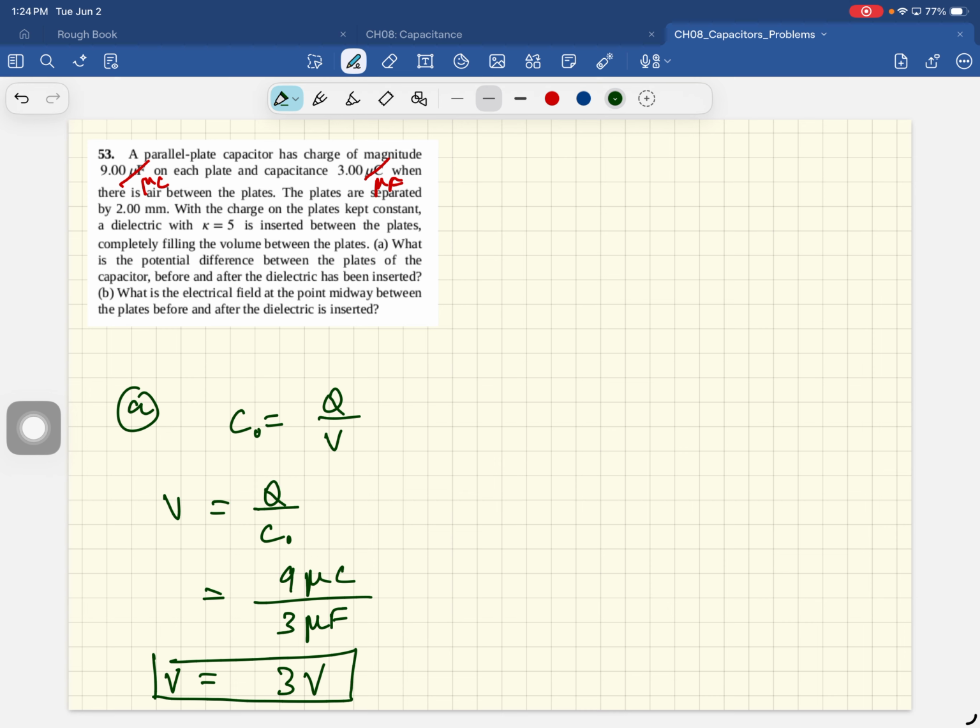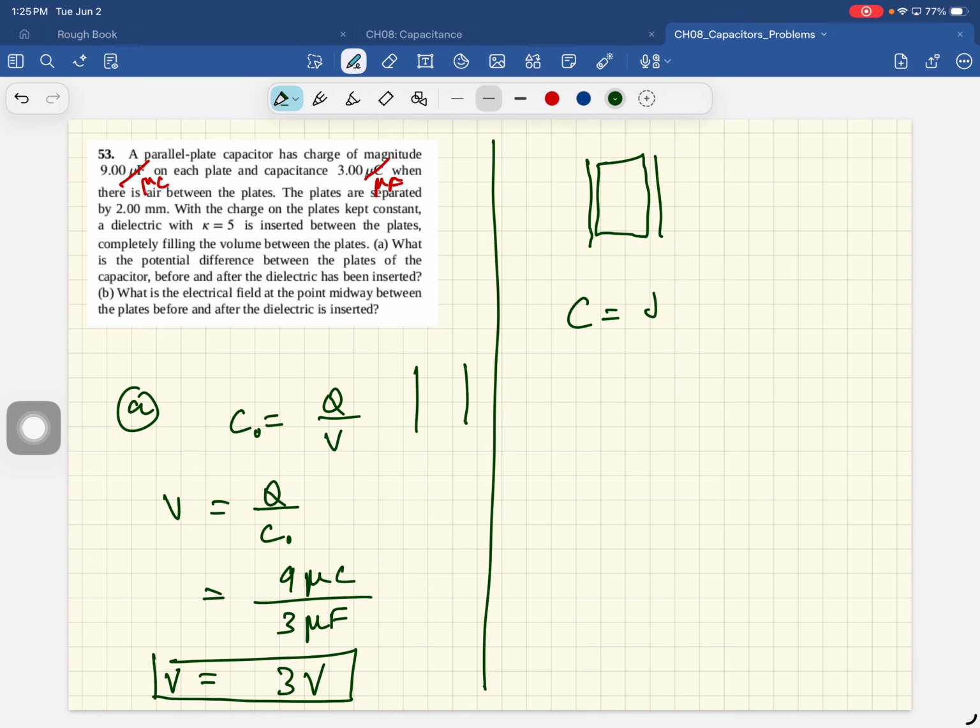So you have to notice this is a parallel plate capacitor, and you have inserted 2 different dielectrics. And what you want to do is find the effective dielectric constant.